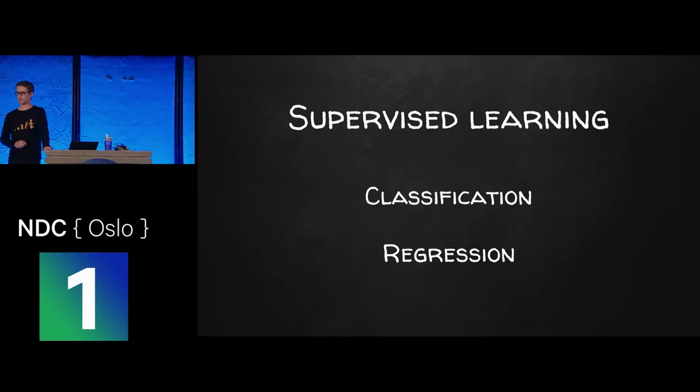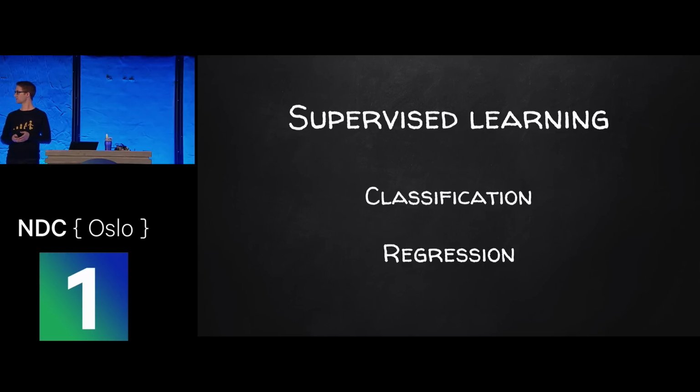What we just saw here was an example of classification. And classification takes an input or some features and maps it to a limited set of categories. For example, it maps to cat, dog, horse, and so on. We also have regression. And regression takes an input, some features, and maps it to a continuous value.